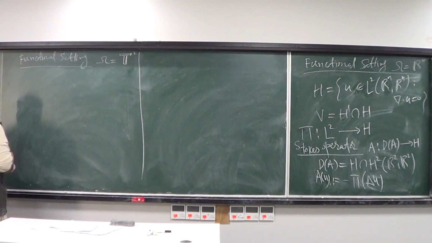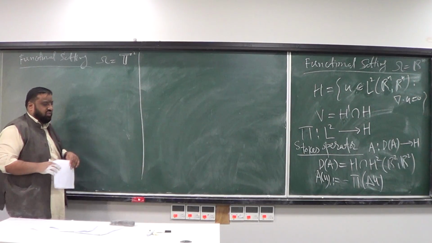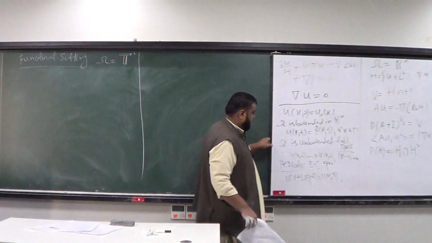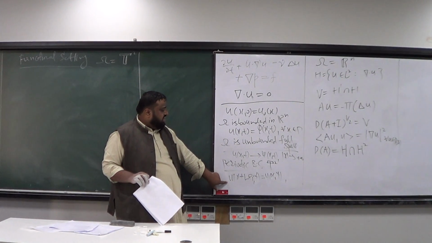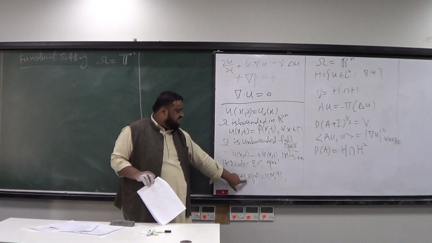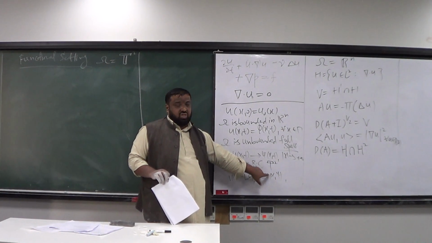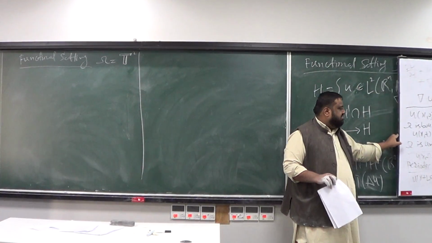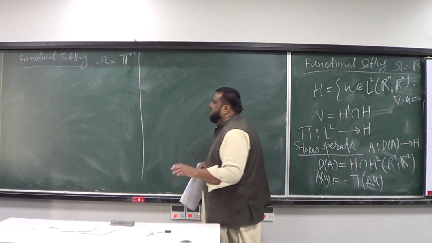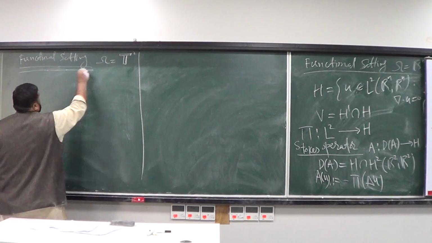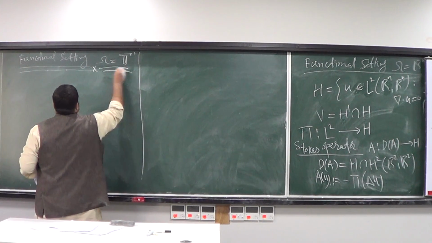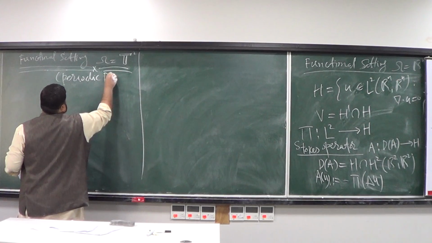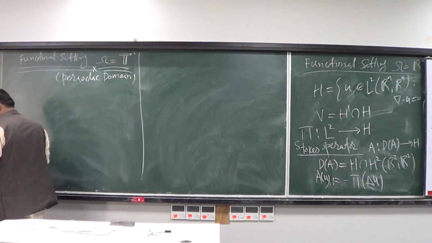In other words, u is of the kind where if you move, say, L units in the ith direction, you return back to the same u. If u is a velocity, you may somehow interpret it, but it's better that I just keep it like this. So, the functional setting for the periodic domain.